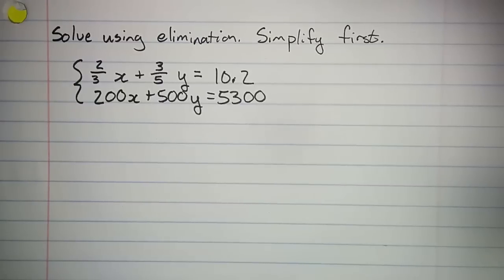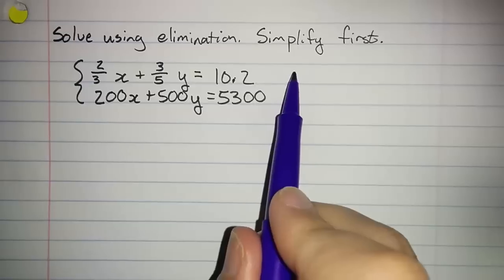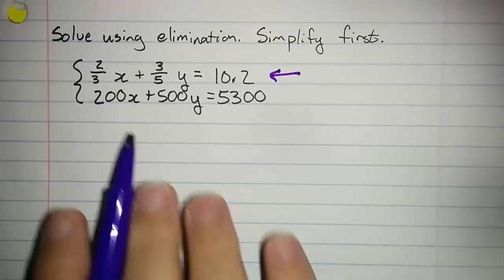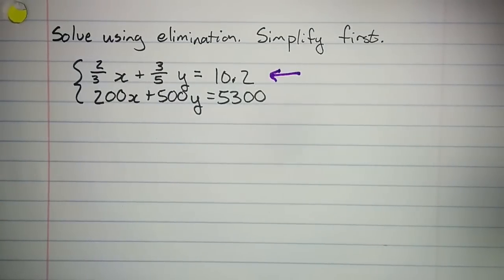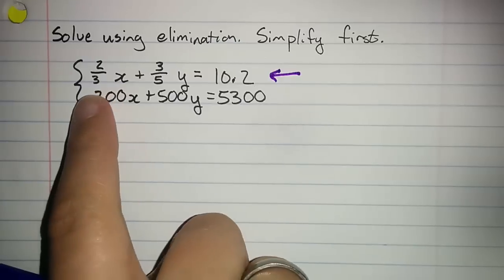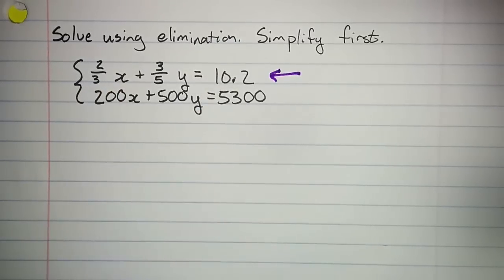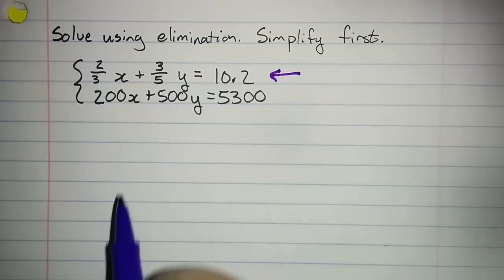Okay, looking at the first equation, what makes the numbers unpleasant is the presence of all those fractions, right? So in order to simplify this, we want to get rid of the fractions. I'm going to get rid of the thirds first by multiplying both sides of this equation by 3.